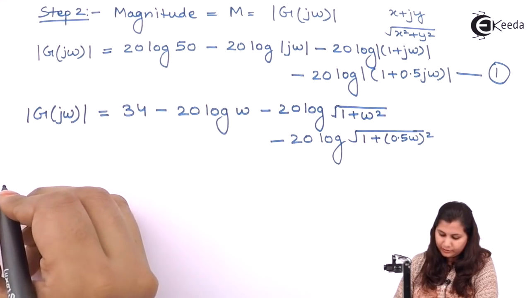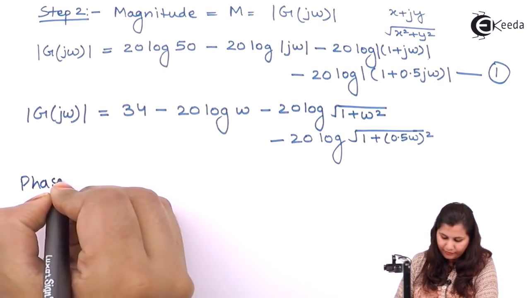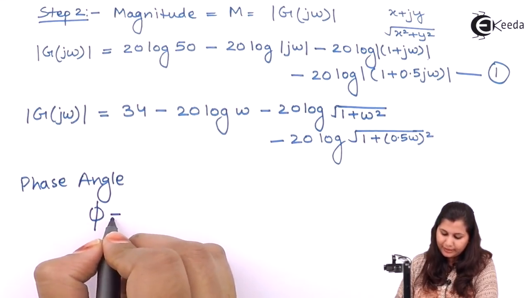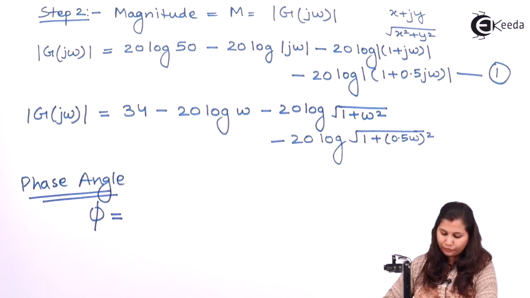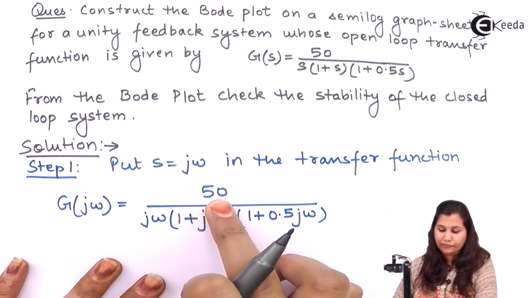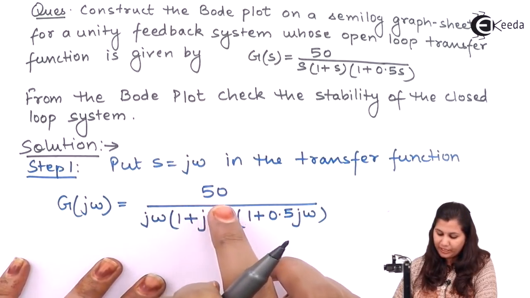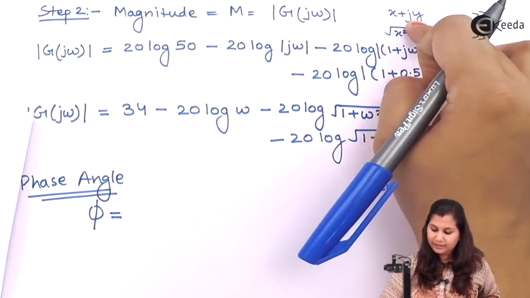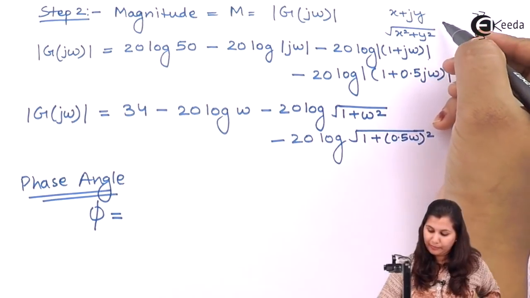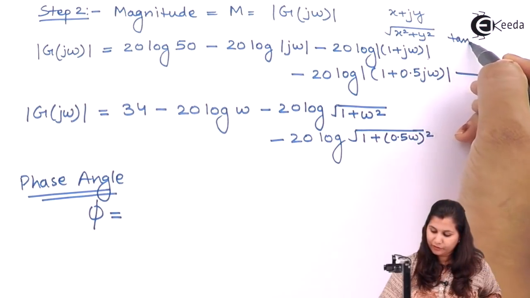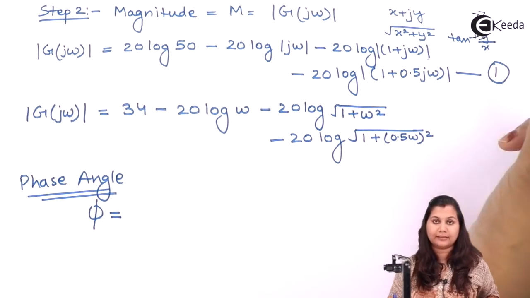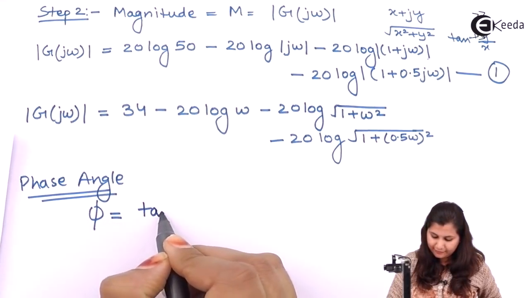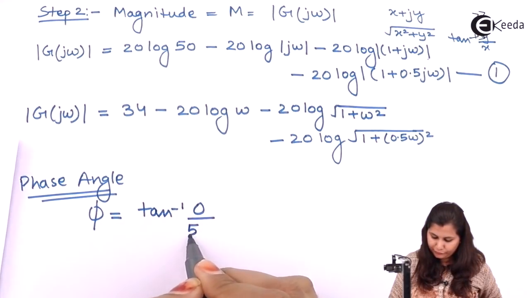Now taking the phase angle. The phase angle is represented by phi. So phi will be tan inverse of 0 upon 50, because here we have no imaginary term, only the real part is present. For x plus jy, the phase angle will be tan inverse of y by x. So for the constant term 50, the phase angle will be tan inverse of 0 upon 50.